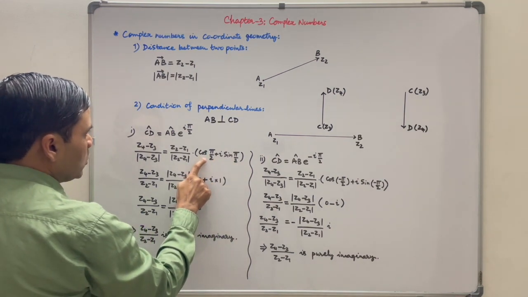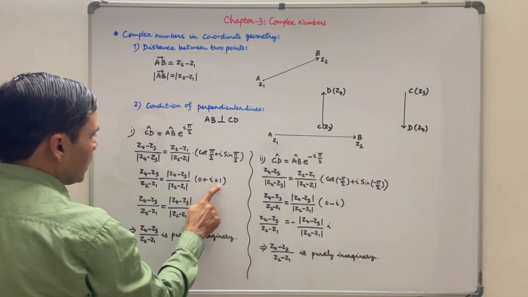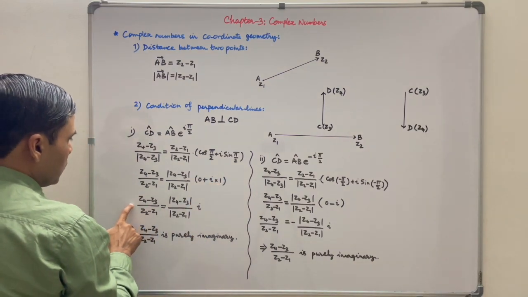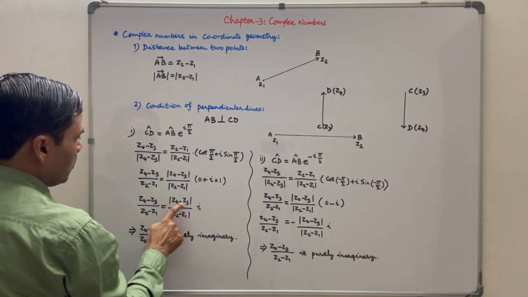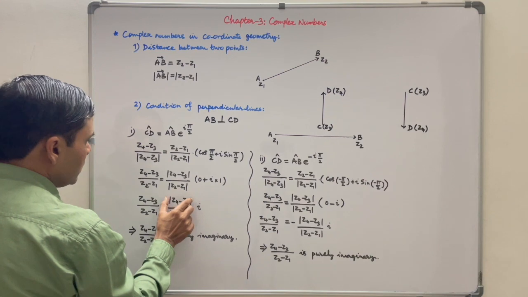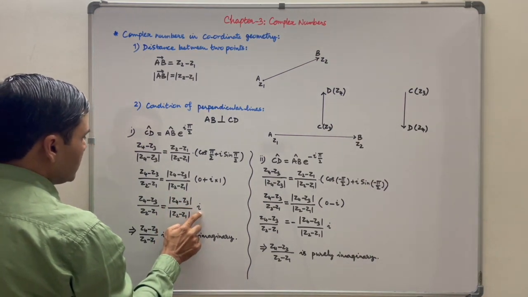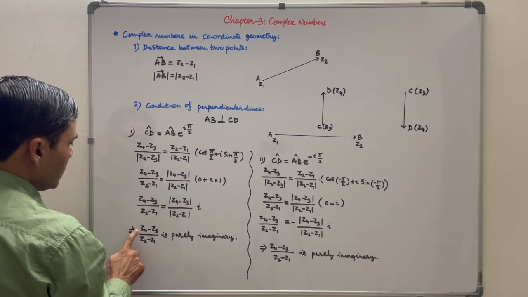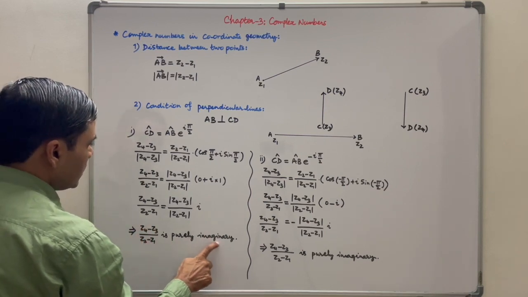Value of cos pi by 2 is equal to 0 and value of sin pi by 2 is equal to 1. So we get (z4 minus z3) upon (z2 minus z1) is equal to mod (z4 minus z3) upon mod (z2 minus z1) into i. This part is purely real into i and that is purely imaginary. So we get this condition: (z4 minus z3) upon (z2 minus z1) is purely imaginary.